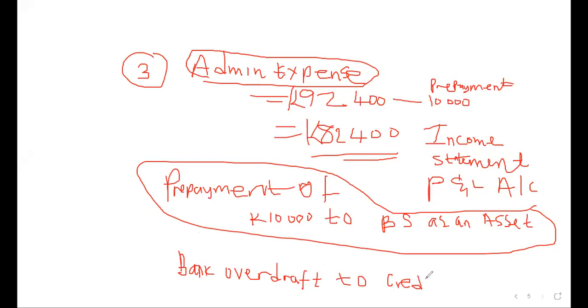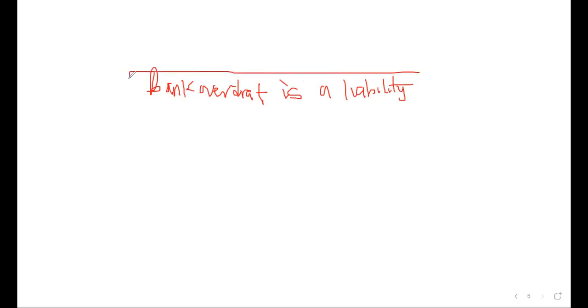Bank overdraft is a liability, because you are going to actually pay for it. It's a liability, money going away. So bank overdraft is a liability, because it means we are owing. You have overdrawn your account. You have actually gotten more than what you're supposed to get.